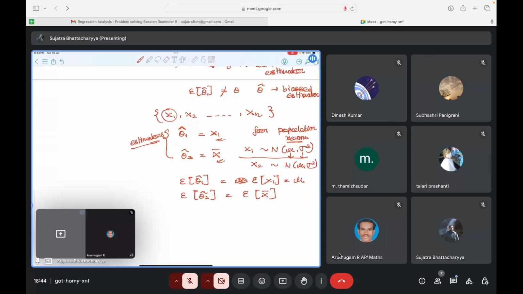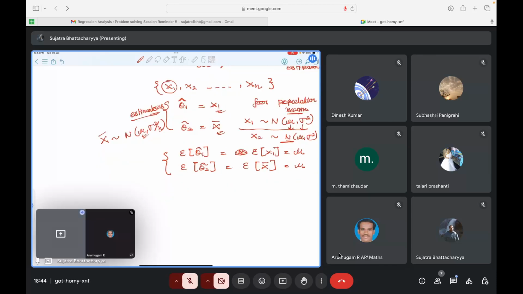By the central limit theorem, if x1, x2 up to xn all follow this normal distribution, then x bar will follow normal, mu, and sigma square by n. So it will also have expectation value of x bar as mu. So both are unbiased estimators. So theta 1 cap can be a possible estimator for mu, and theta 2 cap can also be a possible estimator for mu.